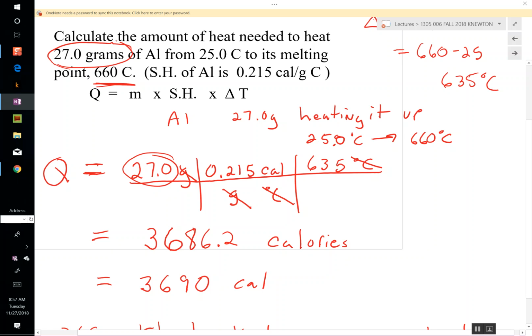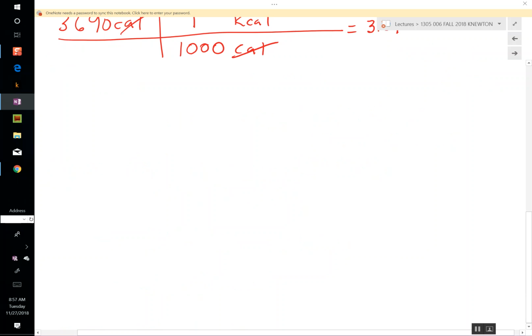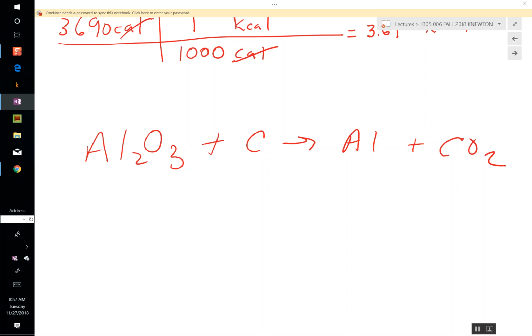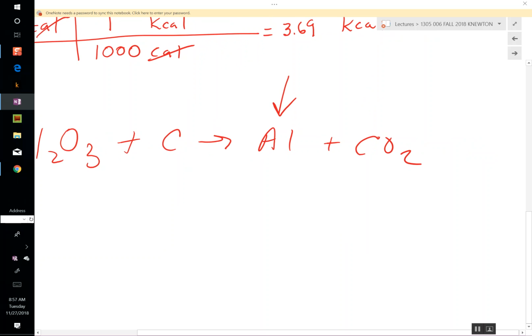And then what I do is I go back to our Alcoa example. Remember Alcoa? Aluminum oxide plus carbon forms aluminum plus CO2.